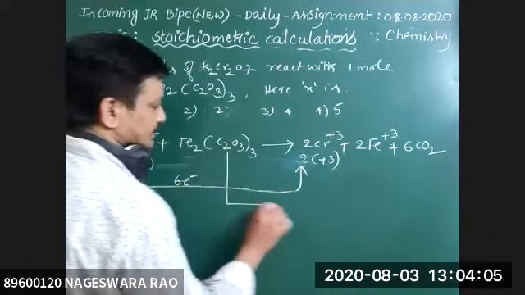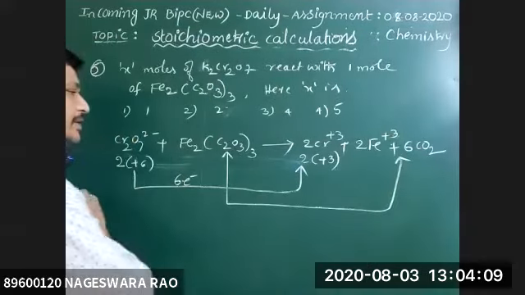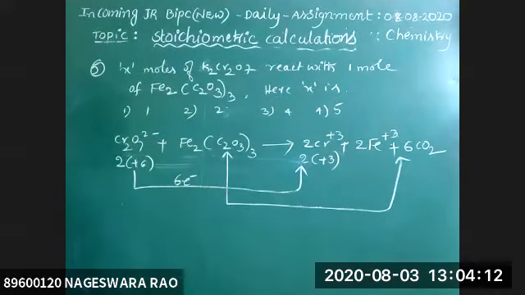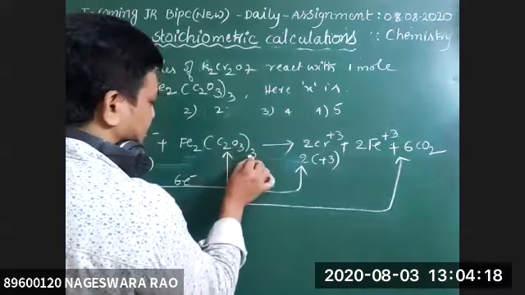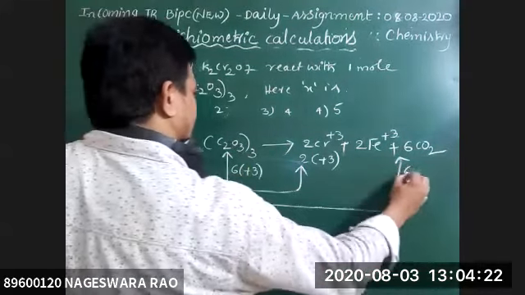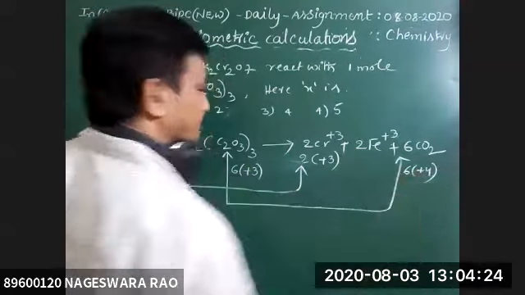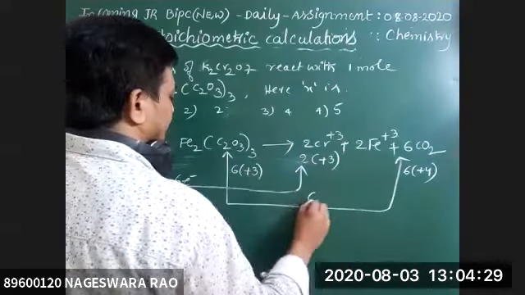In this reaction, oxalate ion converts to CO2. Ferric cannot convert to any other ion. So carbon has oxidation number plus 3, 6 carbons, so 6 into plus 3 is 18. It converts to 6 into plus 4, which is 24. The difference is 6.